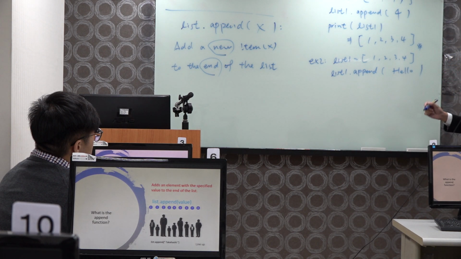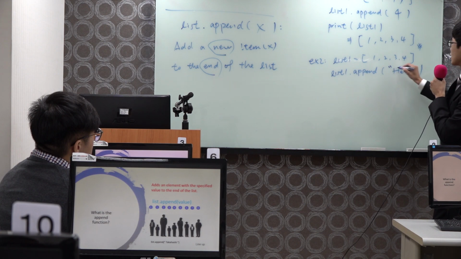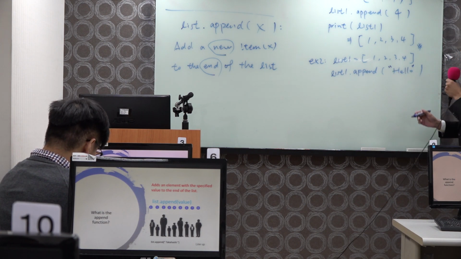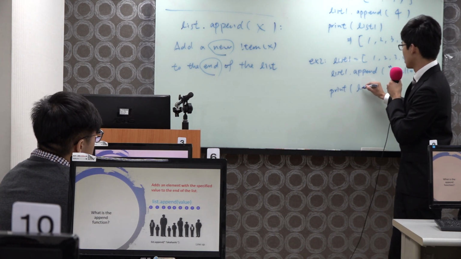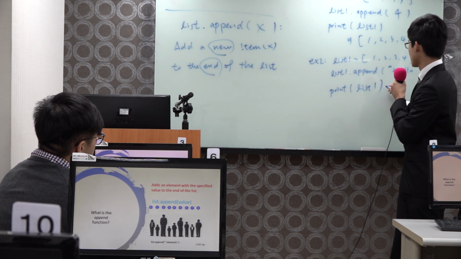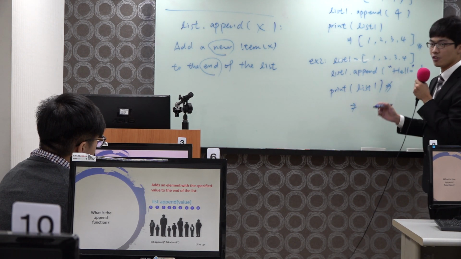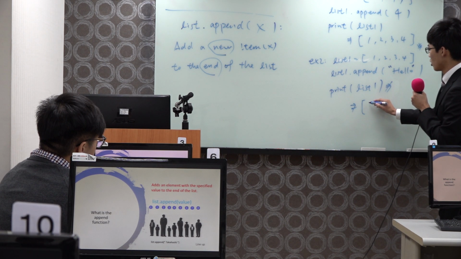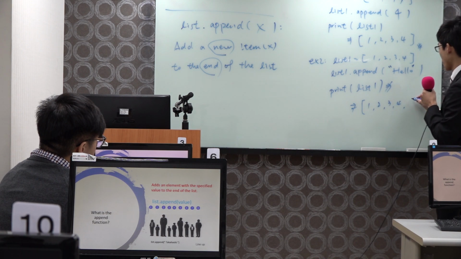But be careful, because hello is a string, so we have to add double quotes to hello. Then print(list1), and we can get a new list, square brackets 1, 2, 3, 4, hello.